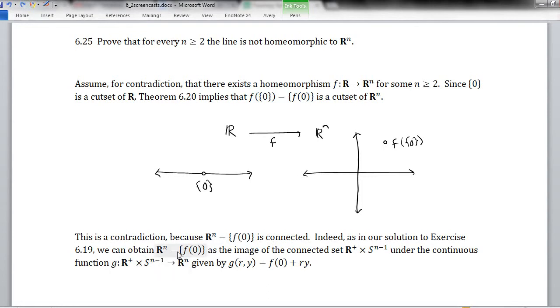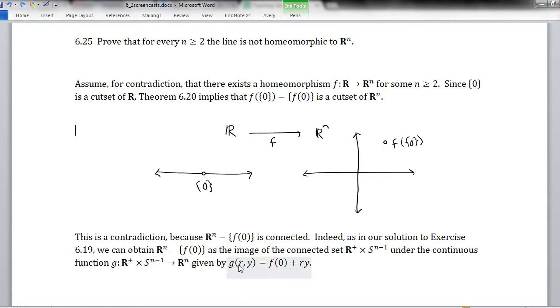So the way we do it is to obtain this punctured n-dimensional space as the image of a connected set, R plus cross S^(n-1), under a continuous function, which we know means that the image has to be connected. The way we build this function g is like polar coordinates.